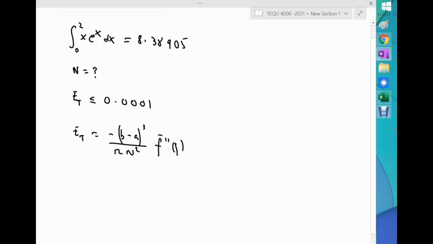So basically, we want to work on this such that this value here is less than the value of ET.